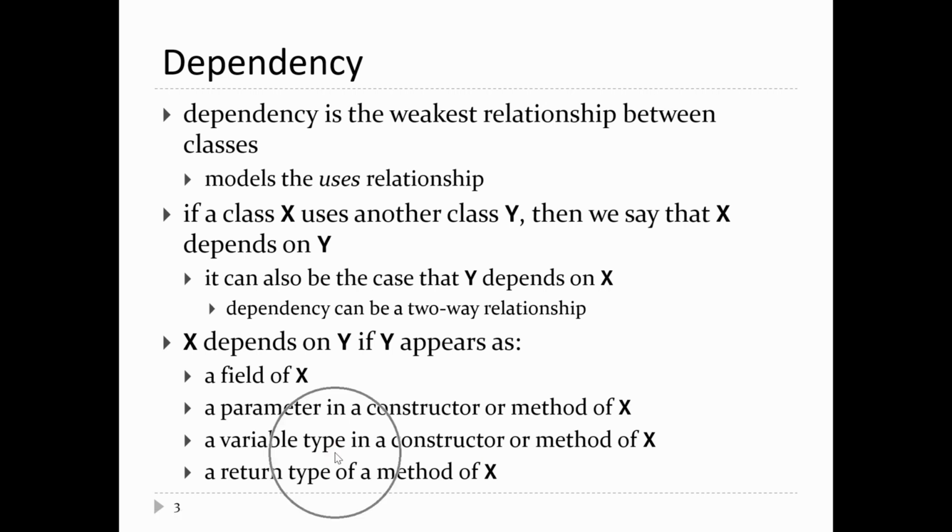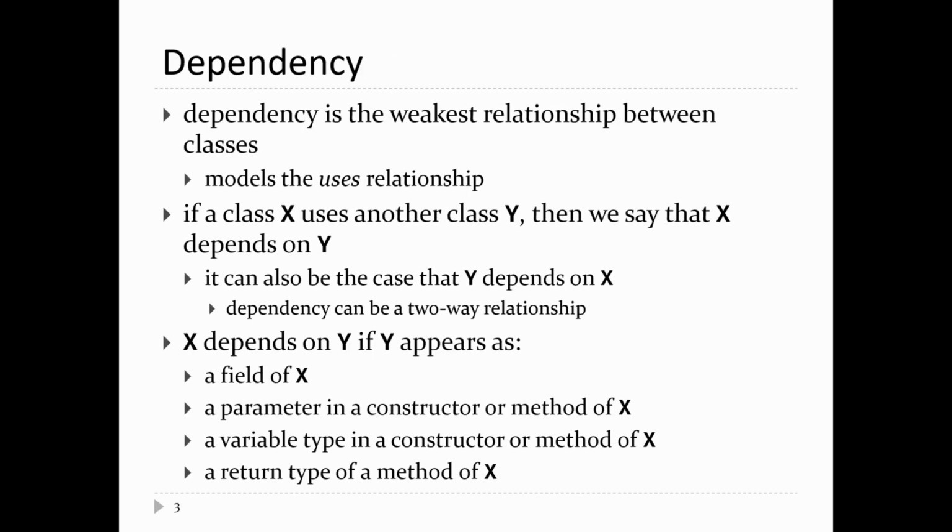It might show up in the implementation of the method or constructor. So it doesn't necessarily show up as a parameter, but it might be a little local variable inside one of your constructors or methods. And finally, this is actually a special case of the previous one: one of your methods might return an object of type Y, in which case X also depends on Y.